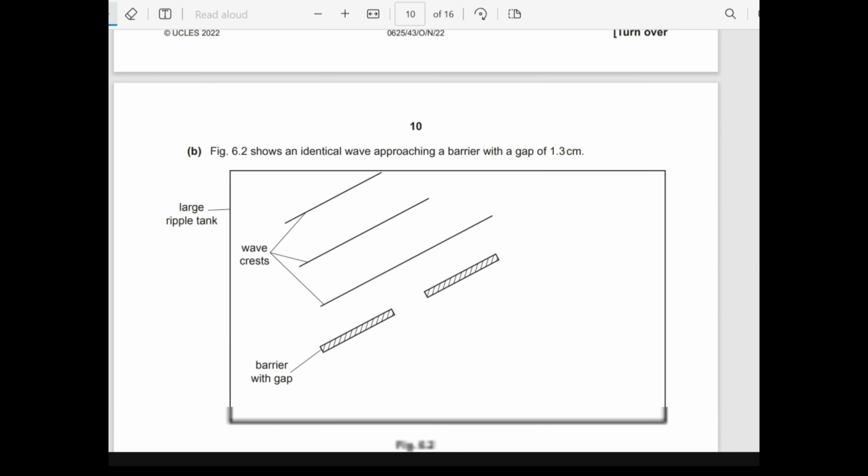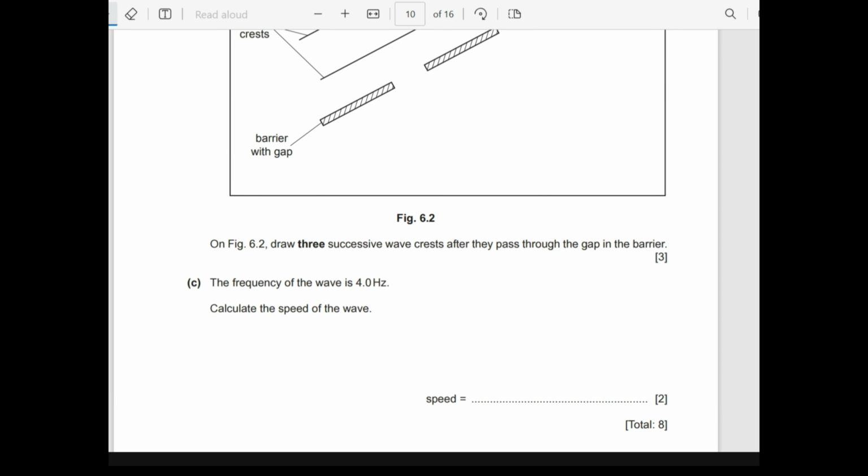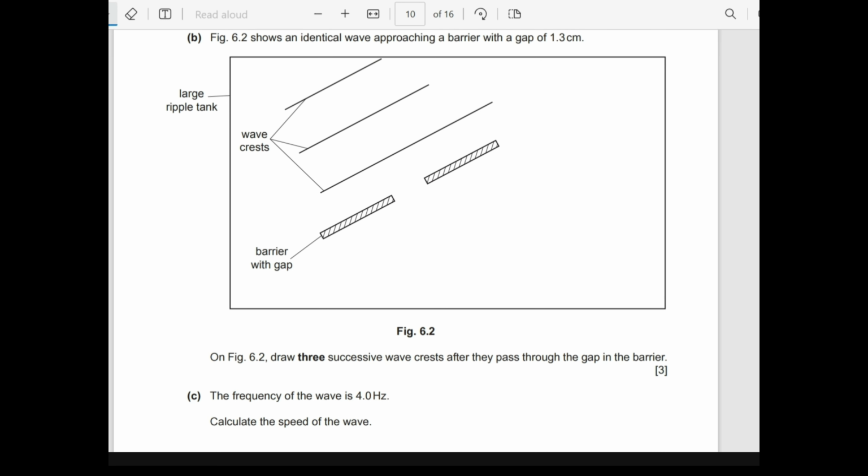Let's go to the next question. Fig 6.2 shows an identical wave approaching a barrier with a gap of 1.3 centimeters. Draw three successive wave crests after they pass through the gap in the barrier. Be very careful of drawing straight lines. If they are passing through this gap, they become curved.